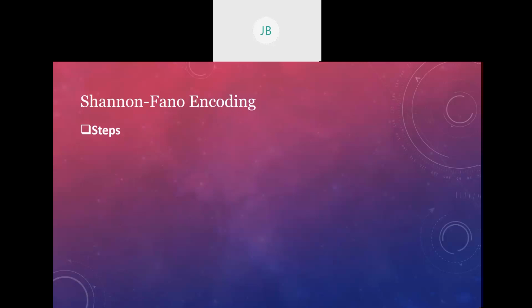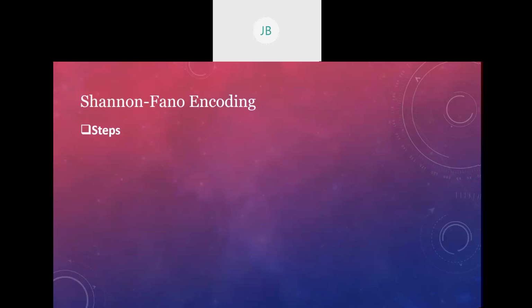So the process here consists of different steps. Given a source that emits different symbols and also their probabilities, how can we use Shannon-Fano encoding to encode the given message? That's the activity here in case of Shannon-Fano encoding.